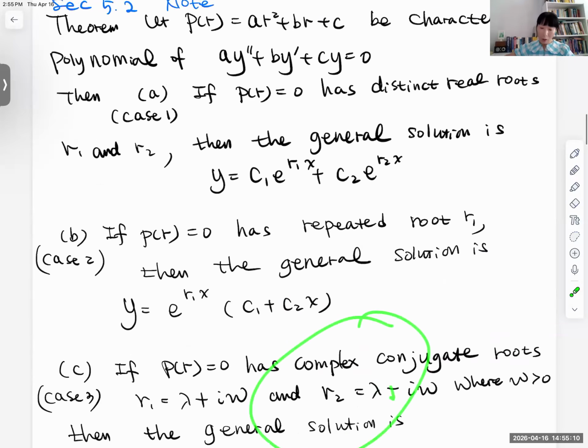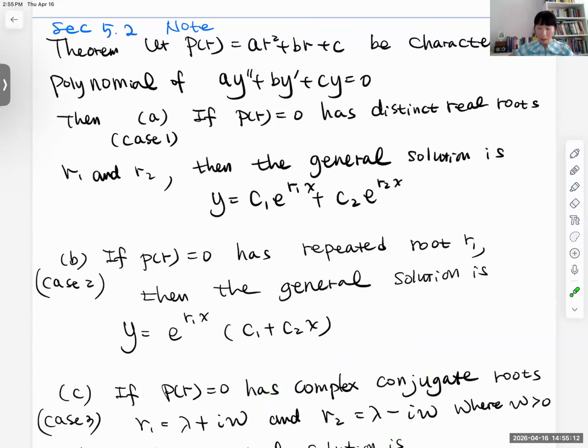Okay, so let's review a little bit. We have three cases from the characteristic polynomial, for a second order linear homogeneous equation. Case one, we have distinct real roots.